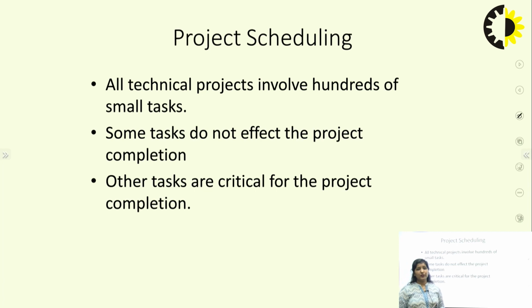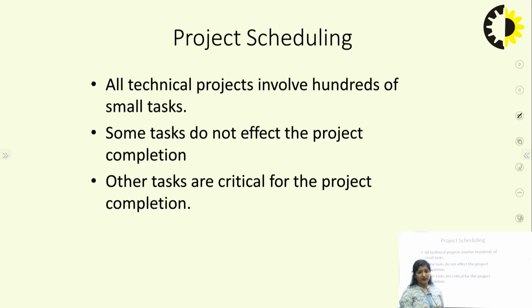Now for project scheduling, what we need to do is divide all the tasks into small pieces. All the technical projects involve hundreds of small tasks. Some tasks do not affect the project completion, and other tasks are critical for the project completion. So firstly we need to break the project into various smaller tasks.